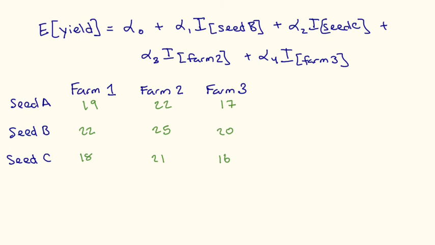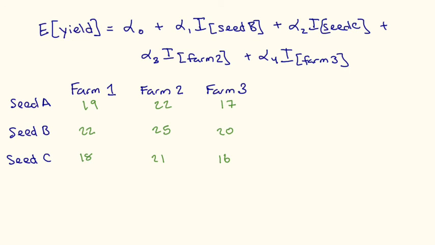Just to see if you can interpret stuff and how well it goes, I put a little activity together. To get the answers for this, you can check the website. I'm going to do the first one for you. The idea of this is that I've written down for each seed, for each farm, what the expected yield would be.